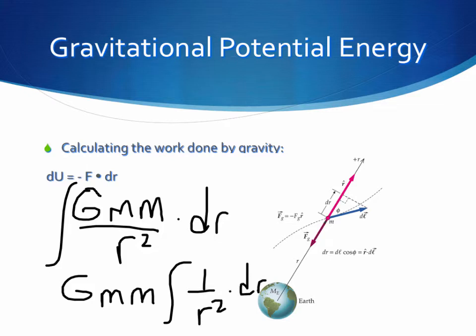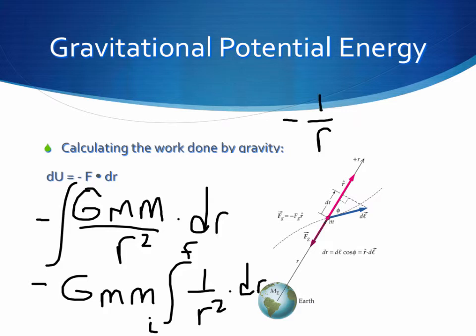Now where are we taking these bounds from? We're going to take it from our initial point, wherever we are in space, to our final point. So when we do this, make sure you don't lose your minus sign. That's a negative GMm over r squared times dr. When we do the integration, 1 over r squared should be an easy integral for you. That's going to give you negative r to the negative first power, or negative 1 over r.